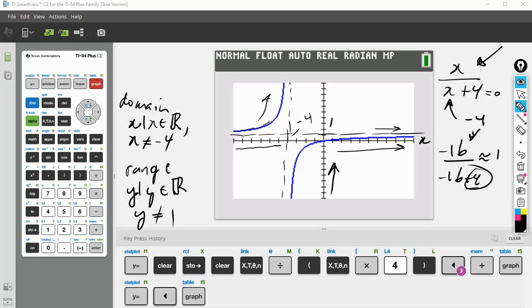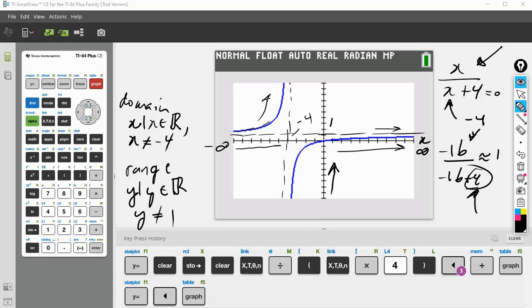So what that tells us is that as x increases into infinity or decreases into negative infinity, the y value of the graph will get closer and closer to 1, but never quite reach 1. It will never reach 1 because this plus 4 is always going to affect it.